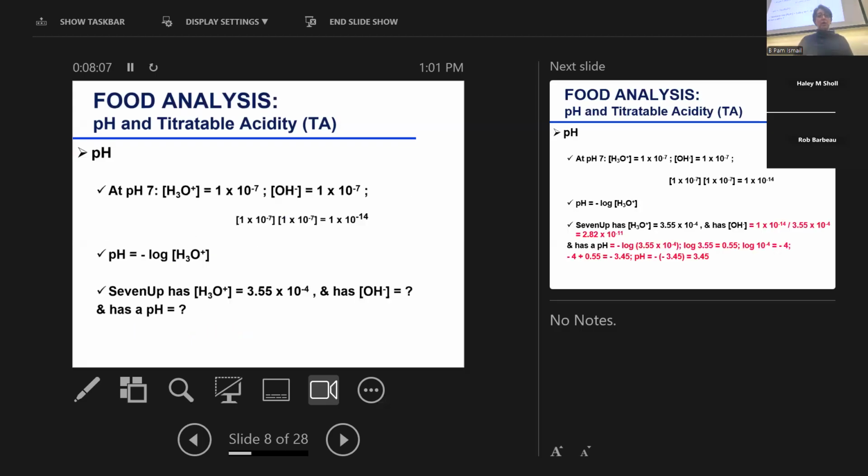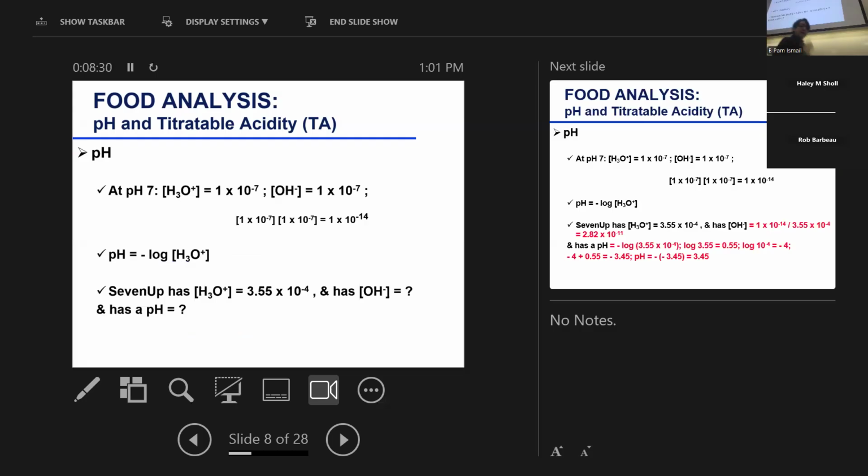So here's what I mean. When pH is 7, you have equal concentration of hydronium ion and hydroxyl group, 1 times 10 to the minus 7 each. So the product is 1 times 10 to the negative 14.